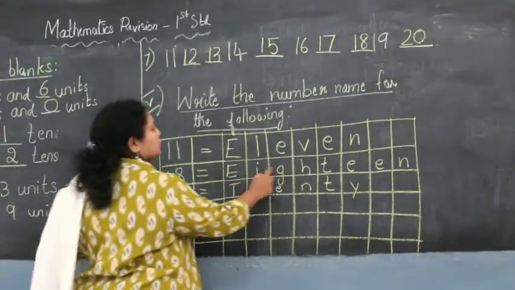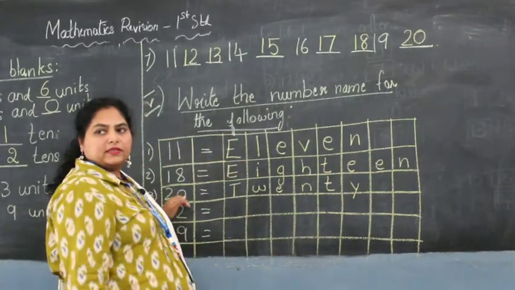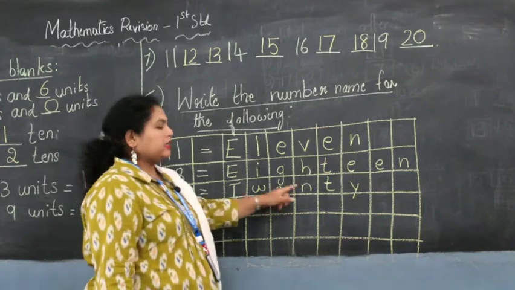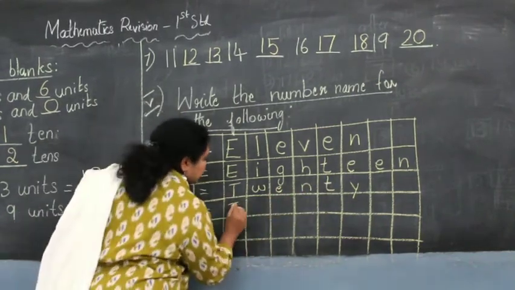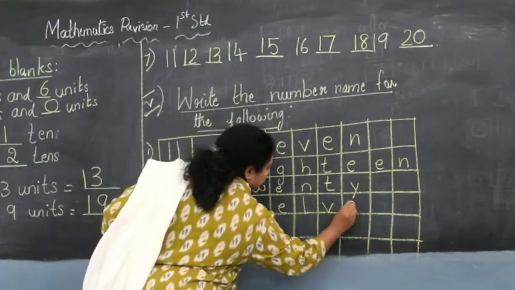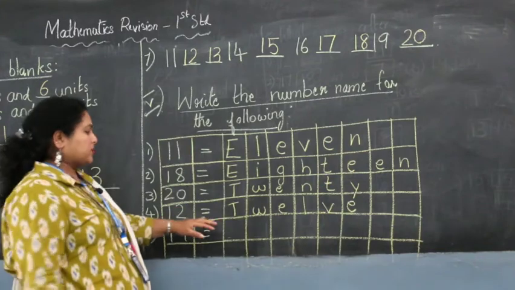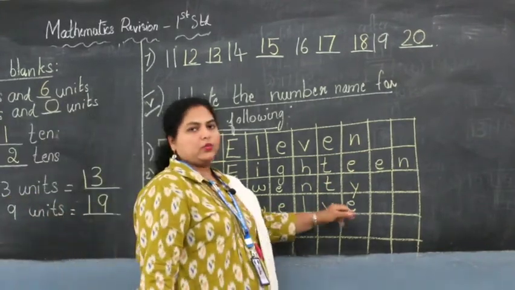18, E-I-G-H-T-E-E-N. 20, T-W-E-N-T-Y. 12, T-W-E-L-V-E. So what's the spelling for 12? T-W-E-L-V-E.